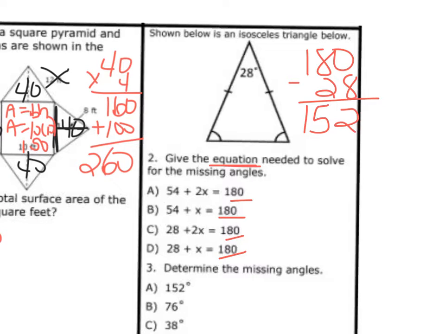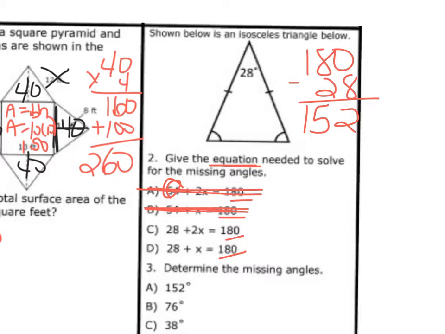What did they do with the 54? Where did we get the 54 from? But the 54 is nowhere on that, right? So that means we can't use 54. So 54 is not correct. So we're crossing those two out.